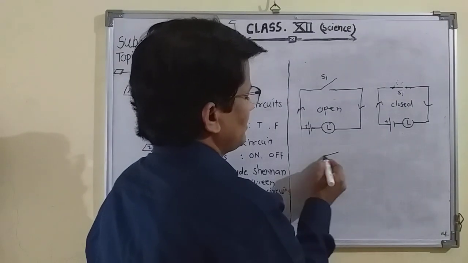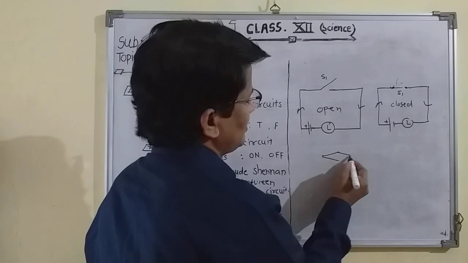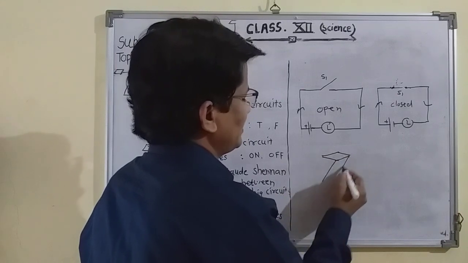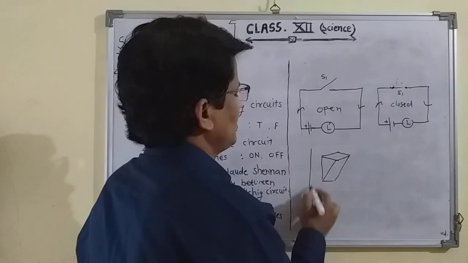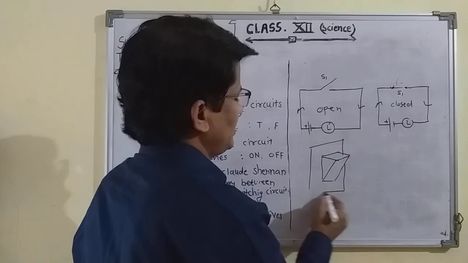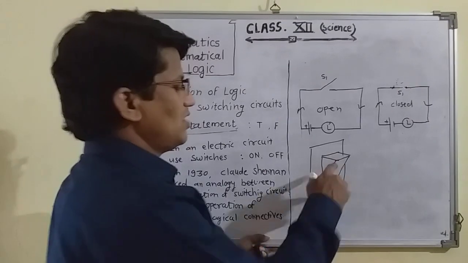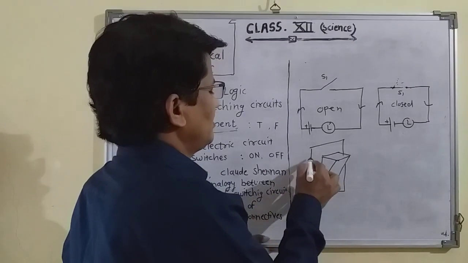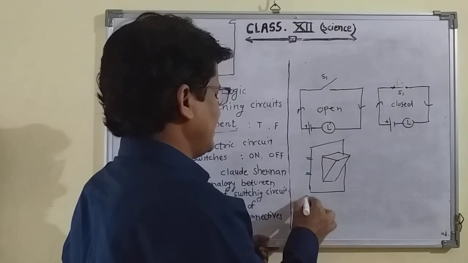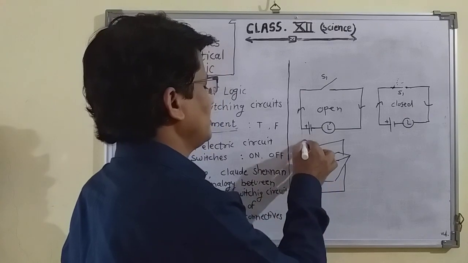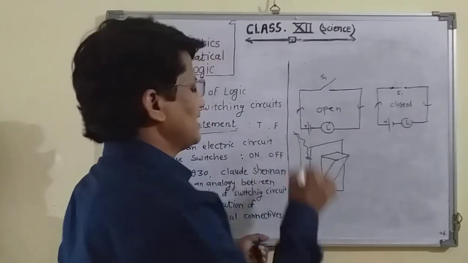The same situation we can take as this switchboard. I am taking this switchboard. You all know this type of switch here. Now this switch is in on position. Here a wire is connected at one terminal, and the other is here, and one wire is like this.